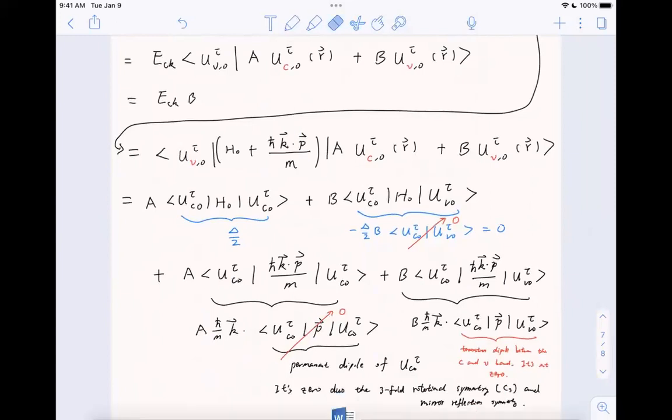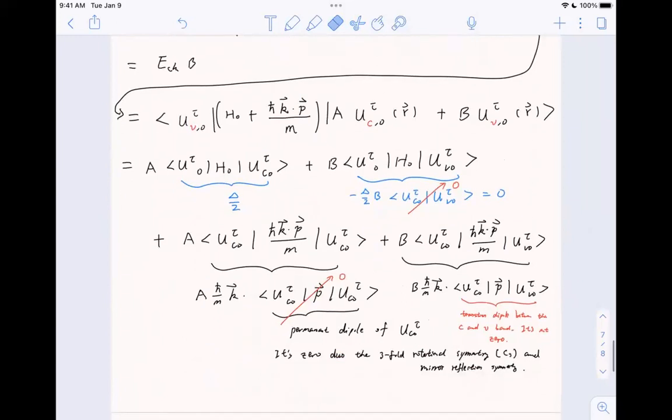Okay, so now all we need to do is to change this C into V. Okay, we're going to change this into V. After you change it, then this one will be 0.